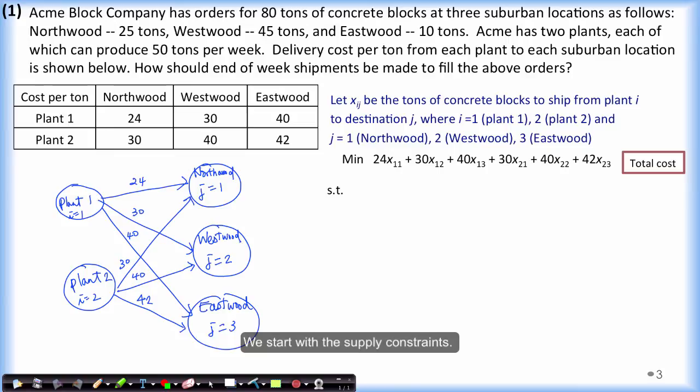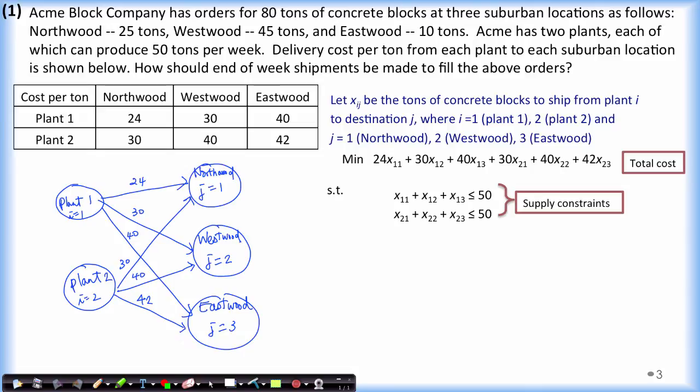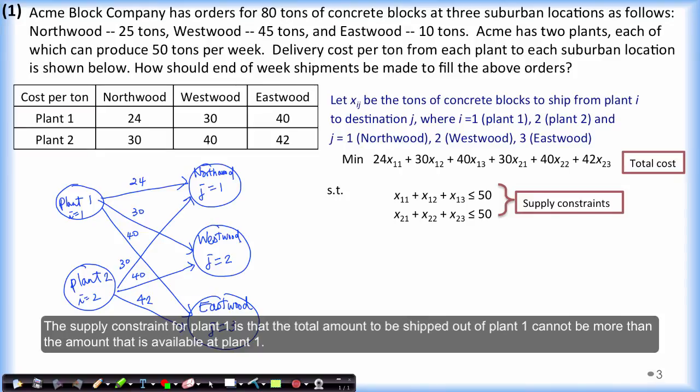We start with the supply constraint. There are two origin nodes, so there will be two supply constraints. The supply constraint for plane 1 is that the total amount to be shipped out of plane 1 cannot be more than the amount that is available in plane 1.